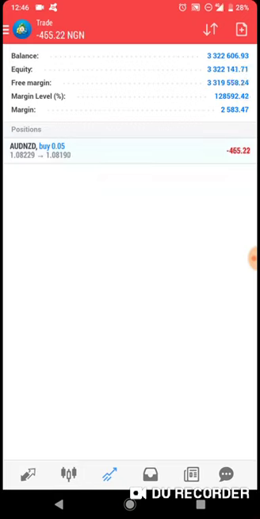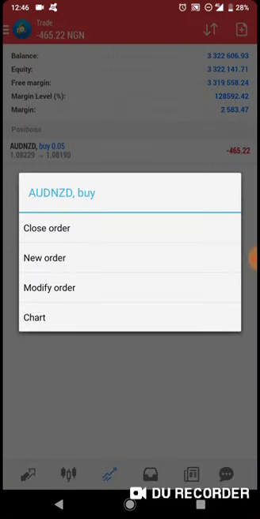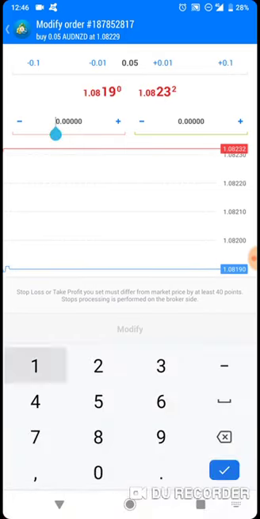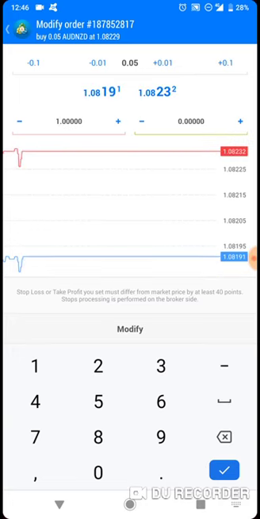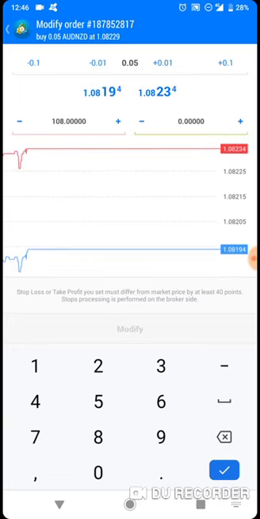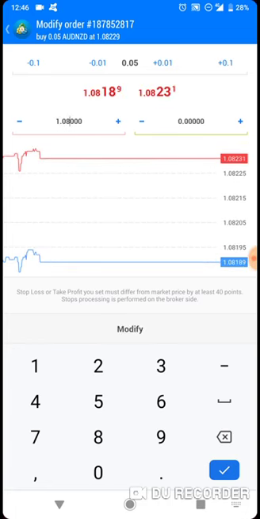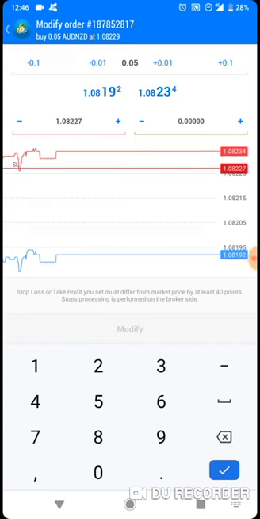So I will just simply hold down on the trade and click on modify order. Don't worry about that sound. Go to the stop loss section and then enter 1.08. This is wrong. Oh, something is wrong.